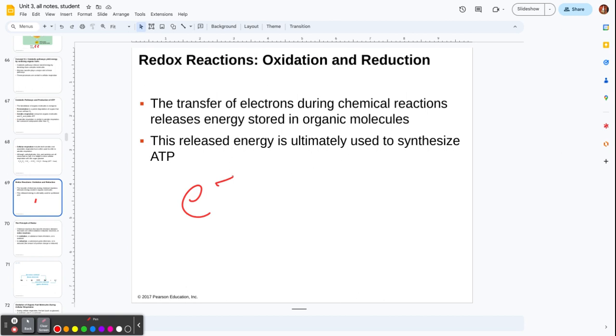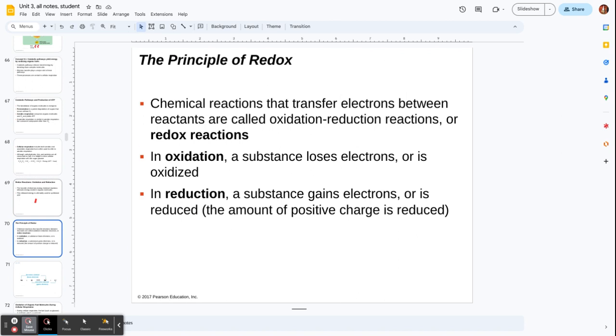So whenever something takes in an electron, we call that reduction. It's like you're becoming more negative. You're taking in an electron, you're becoming more negative, you're becoming reduced.